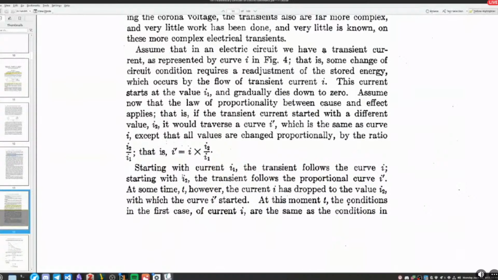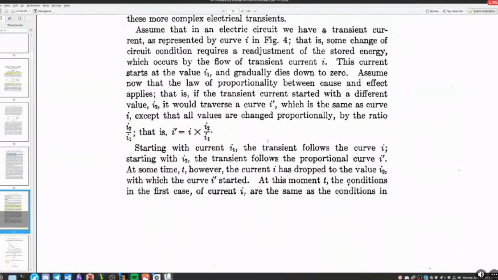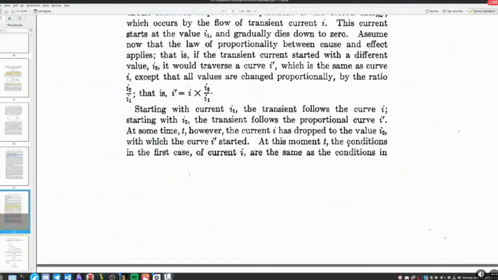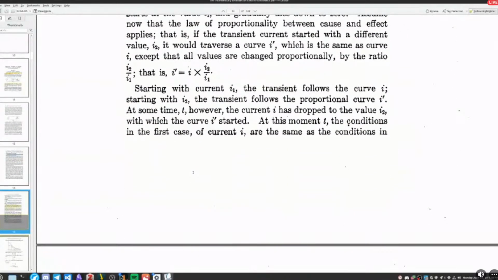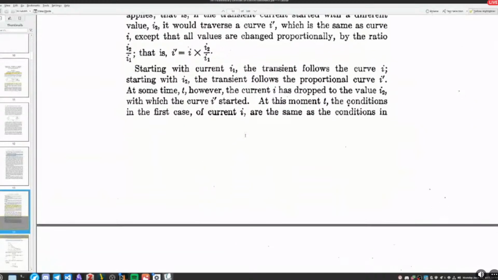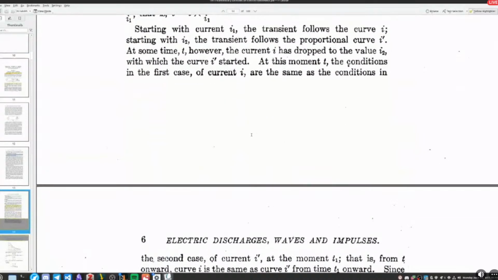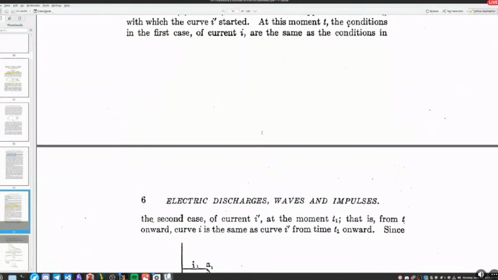Starting with the current I1, the transient follows the curve I. Starting with I2, the transient follows the proportional curve I prime. At the time t, however, the current I has dropped to the value I2 with which the curve I prime started. At this moment t, the conditions in the first case of current I are the same as the conditions in the second case of the current I prime.